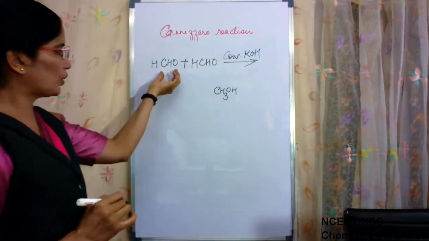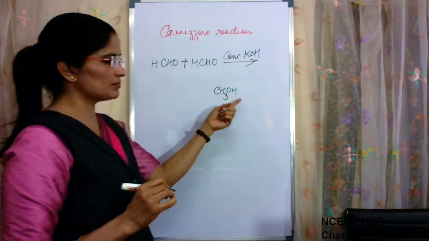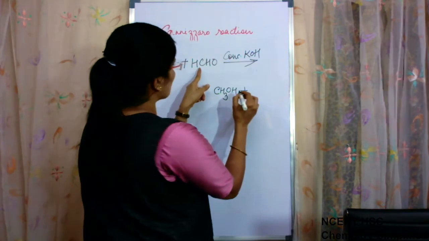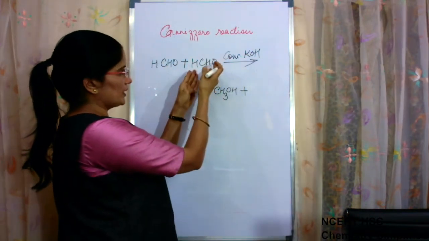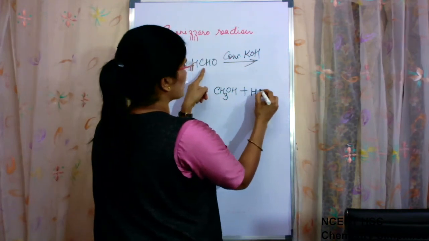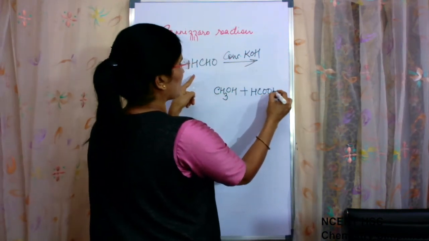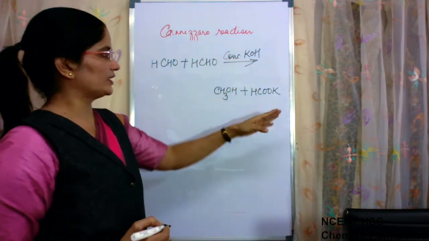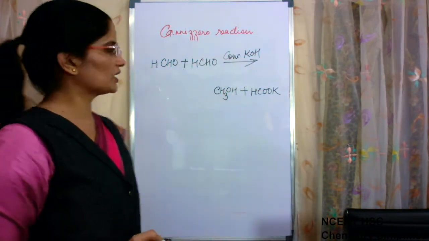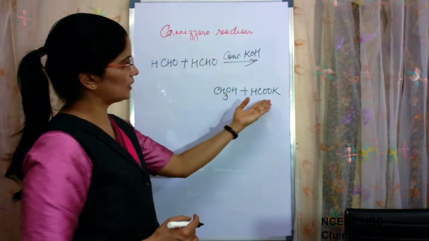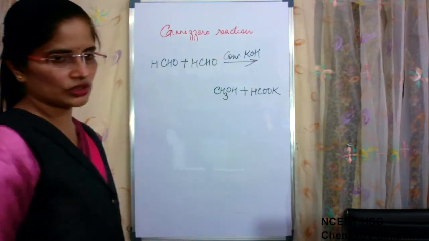Alcohol with one carbon atom is methanol. So it will convert into methanol. Another molecule is oxidized. So aldehydes are oxidized to form acids. So it will form HCOOK, because base is here, so it will form K. Okay, HCOOK. So this is reduction and oxidation.